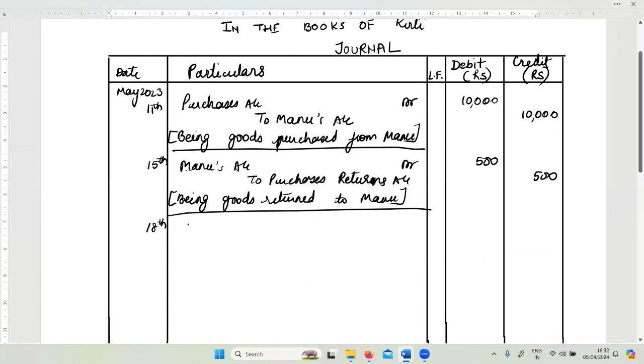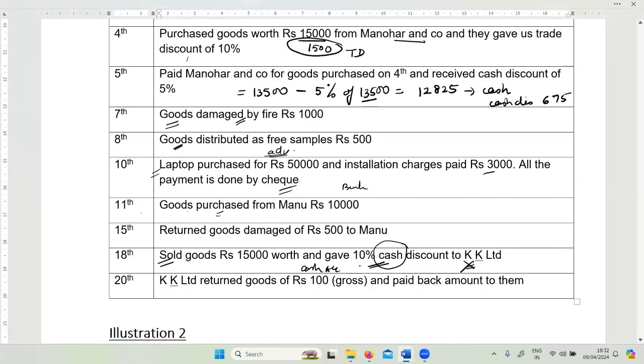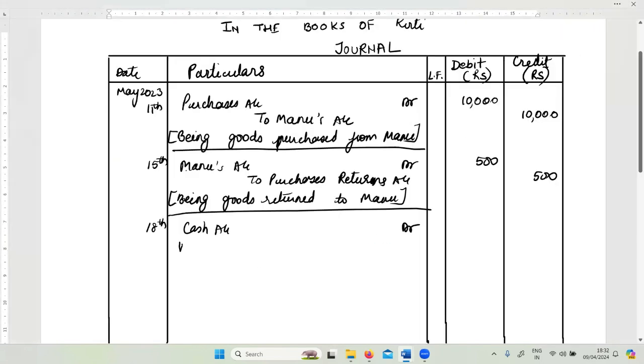18th, I am receiving the cash, cash account debit. How much cash am I receiving? 13,500 because I'm giving a 10% cash discount. 1,500 is the discount in this case. So discount given account is my expense. Discount given account debit because it is expense, 1,500. And to sales.